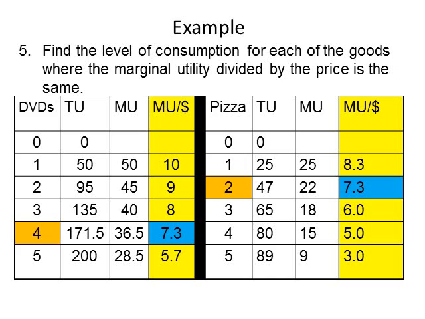Also, if you multiply the number of DVDs and slices of pizza by their prices, you would notice that this would equal $26. So we have fully spent our $26 and there's nothing left over.